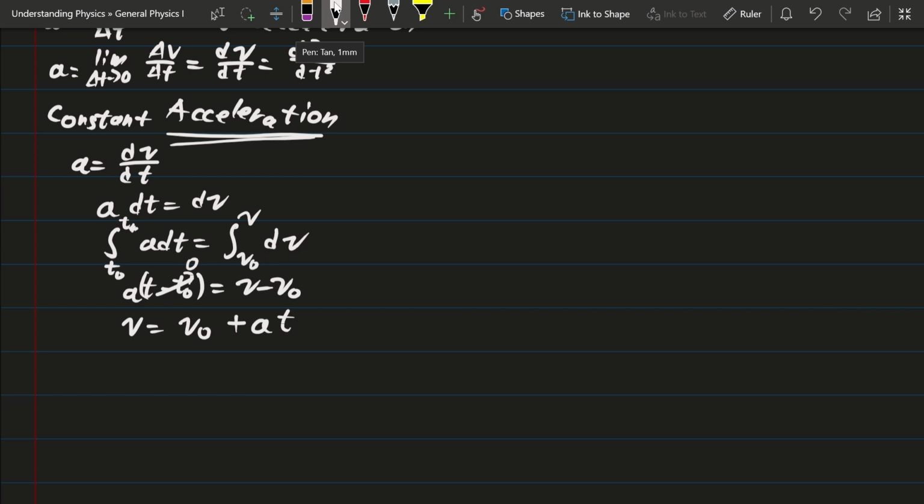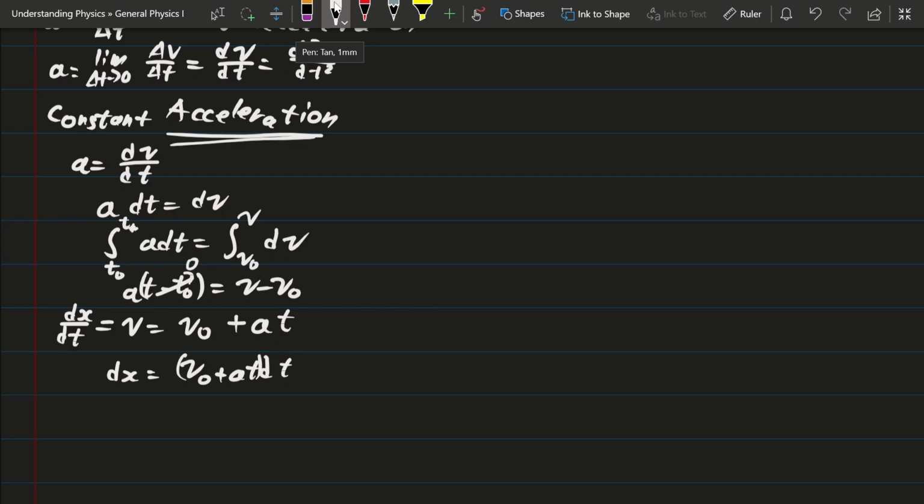After that, you can determine the position because velocity is the change of position over the change of time. The way you would solve this is the same way. The dx equals v0 plus at dt.